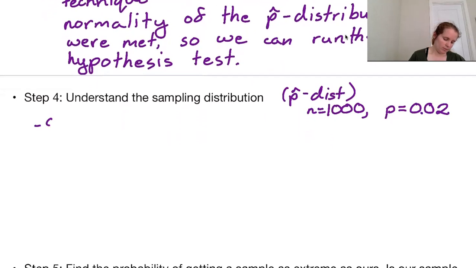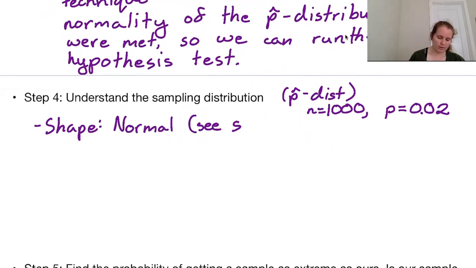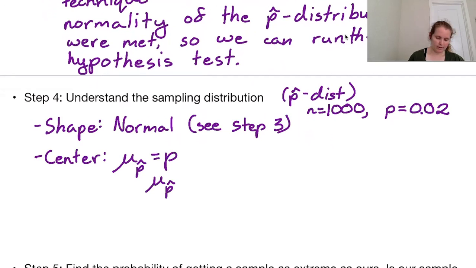So for shape, we have normal. Again, see step 3. For center, mu sub p-hat is just p. So we have mu sub p-hat is 0.02.